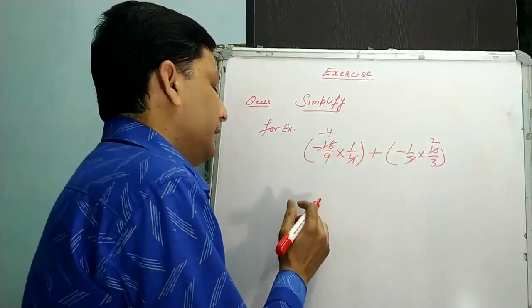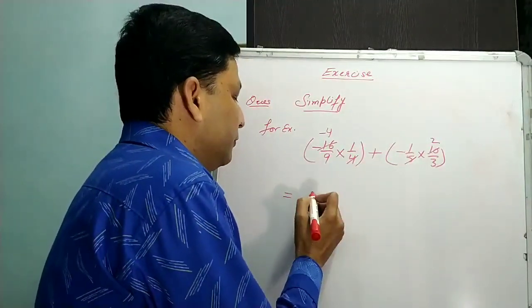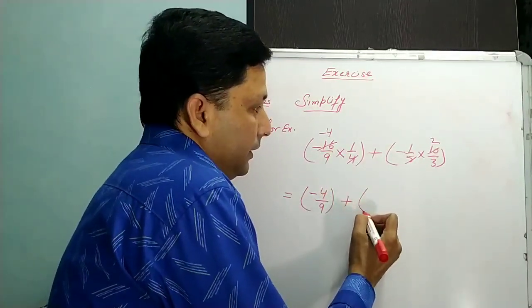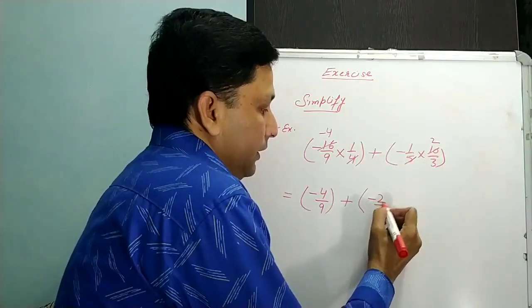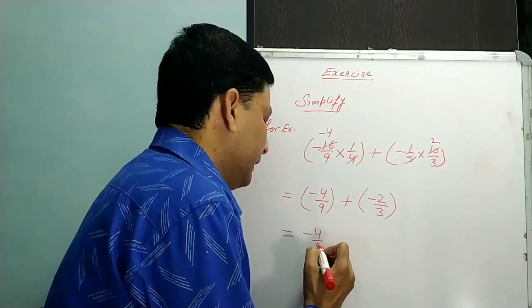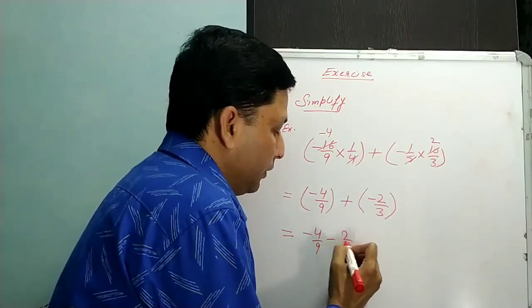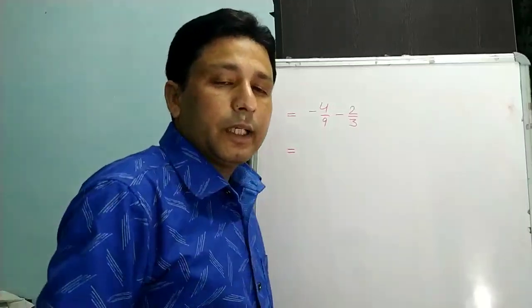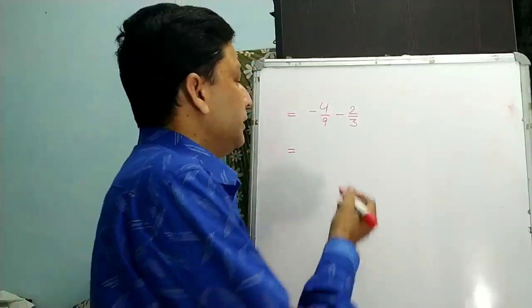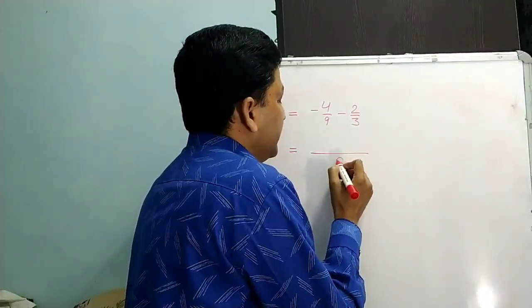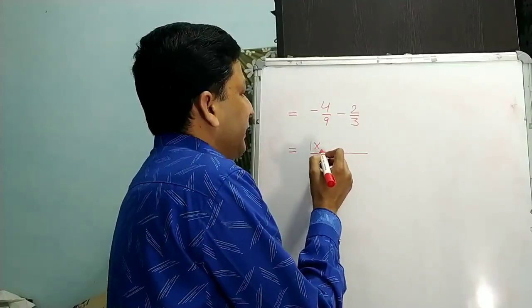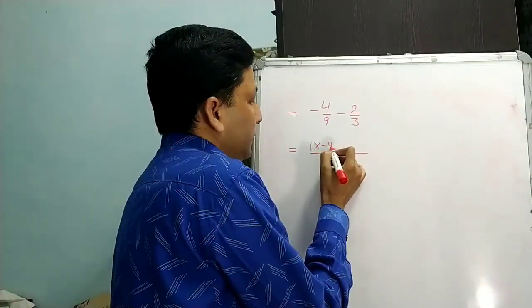Now after multiplying here we will get in bracket 4 1s are 4 upon 9 plus in bracket 2 1s are 2 upon 3. Now we will open the bracket, that is minus 4 upon 9, and here plus minus 2 upon 3. Now here you can see minus 4 upon 9 and minus 2 upon 3. So we will solve by using the LCM. LCM is 9, and in the table of 9 it will come 1 time and multiply by its numerator, that is minus 4.